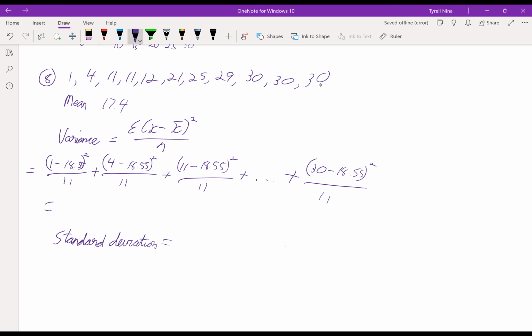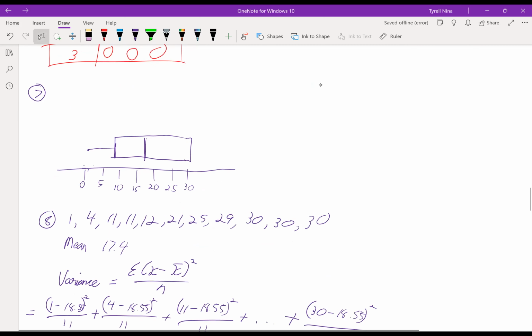No, I said the box and whiskers is possible. It's just that this time your Q3 and your last value are the same, so you could just have a box with one whisker. That's happened.